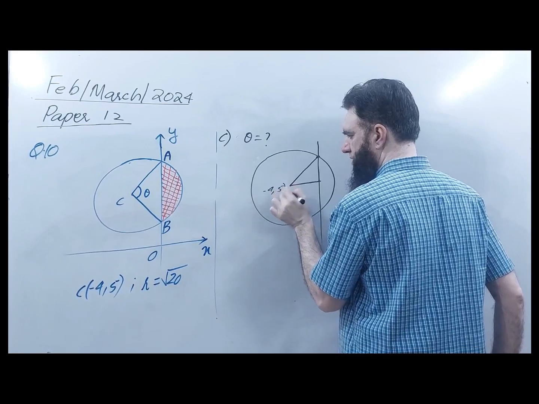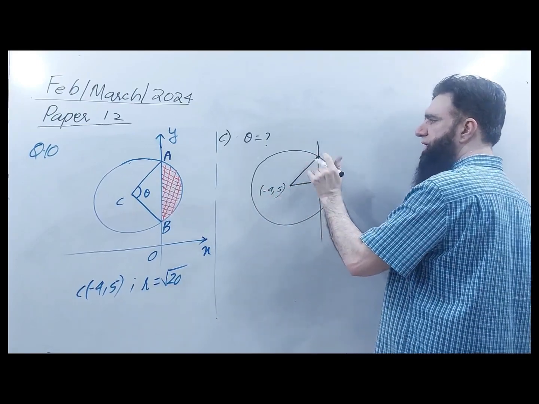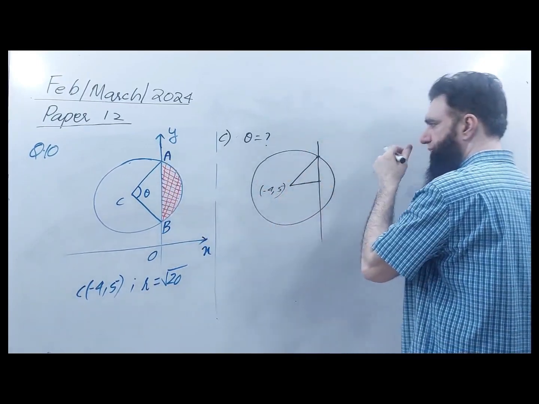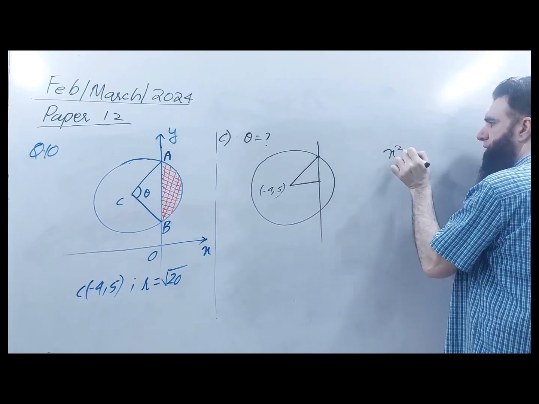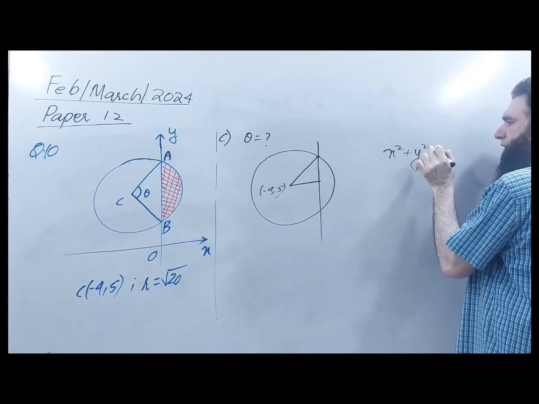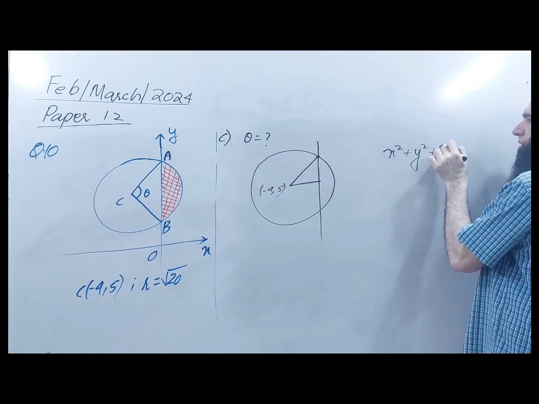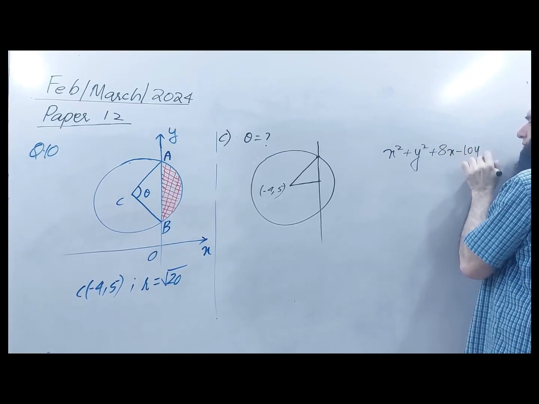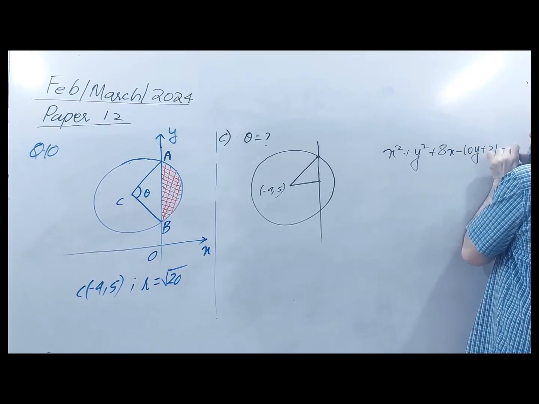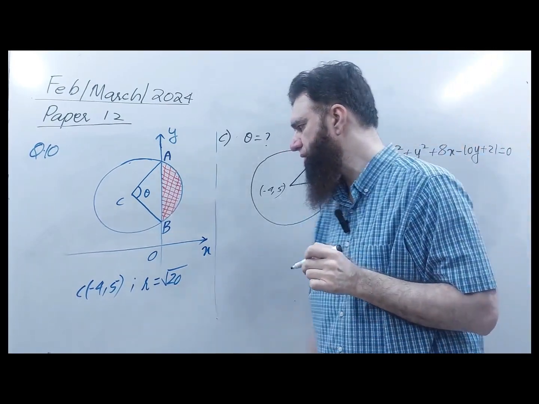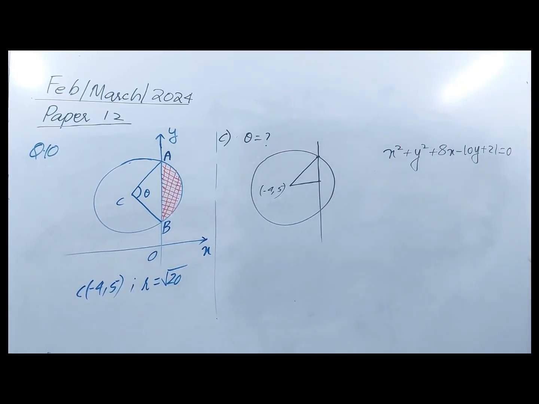This is minus 4, 5. So this is the y-axis and I have the equation of the circle with me. The equation of the circle was x square plus y square plus 8x minus 10y plus 21.